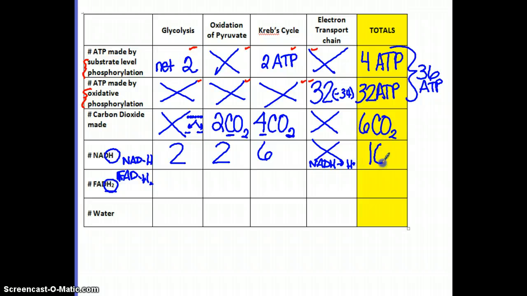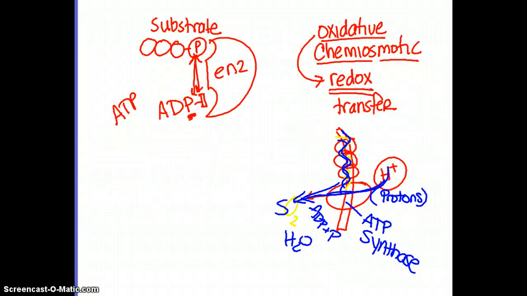So we've made 10 NADHs at the end here. That's the reduced form. And then the FAD's only in the matrix of the mitochondria. So in the Krebs cycle, we're also going to generate 2 of those. And so that's a total of 2. Notice water has not been made yet in our net equation. And oxygen that you breathe has not been used yet in our net equation.